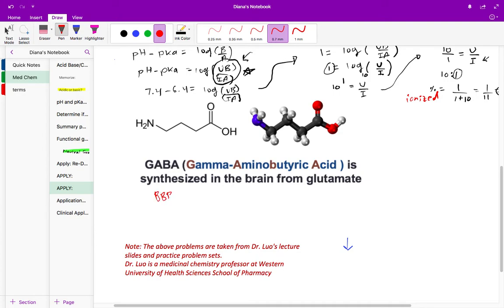To cross the blood-brain barrier, you actually need the uncharged hydrophobic form, right? So if a chemical structure, a drug, is primarily in its unionized form or is hydrophobic, it will more readily cross the blood-brain barrier.